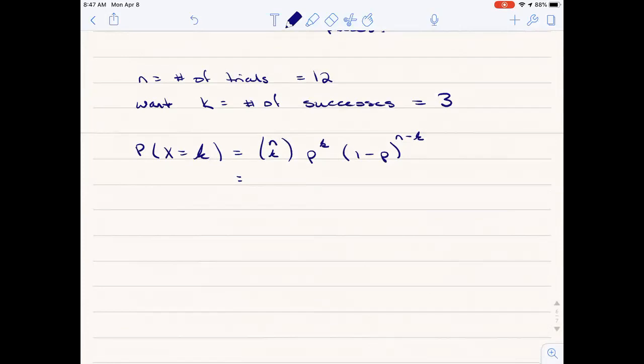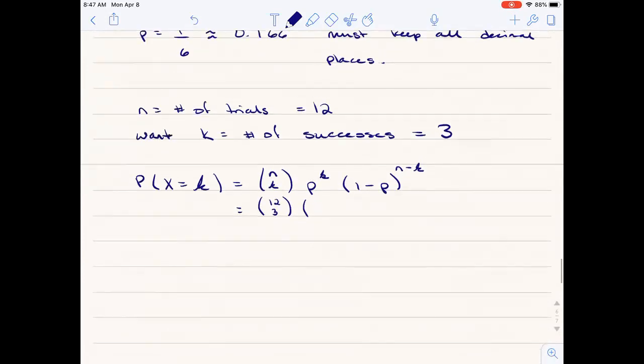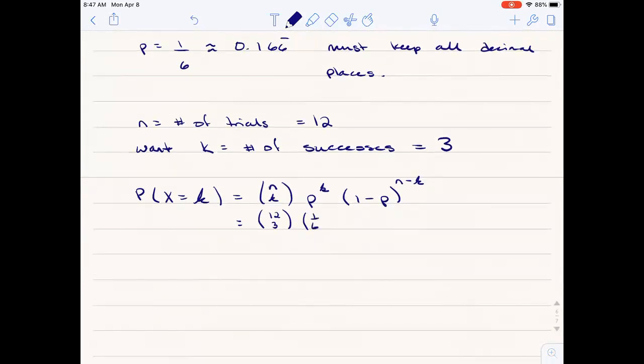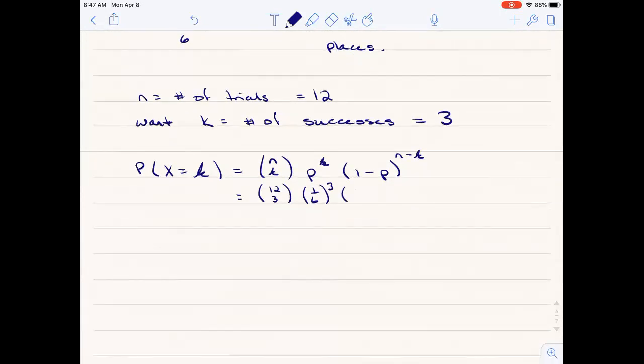In our case, we've got 12 choose 3. The probability of a success was 1 in 6 to the power of 3. Times 1 minus 1 in 6 to the power of 12 minus 3.